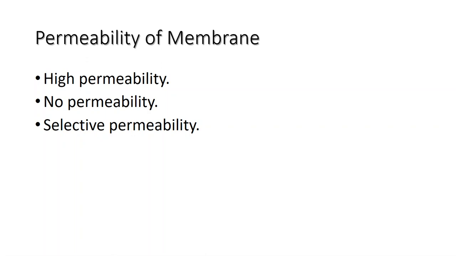Plasma membranes permit some substances to pass more readily than others. This property of membranes is termed selective permeability. The membrane is moderately permeable to small, uncharged polar molecules such as water and urea.